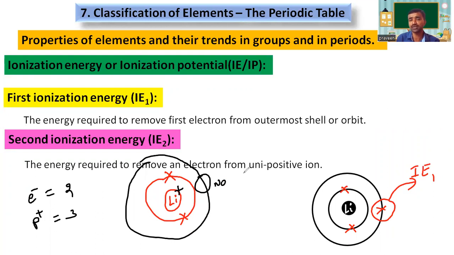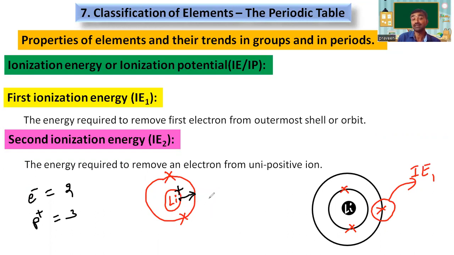There is no consideration of the L shell. So we are considering the distance from here to here only. Then is atomic size increased or decreased? Atomic size is decreased.